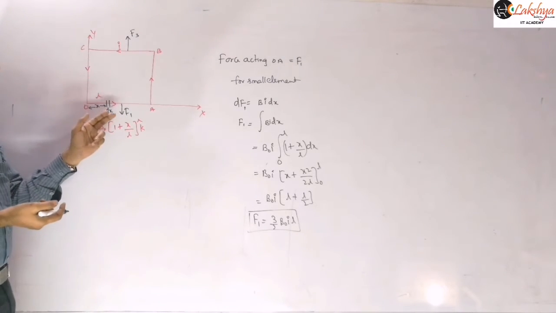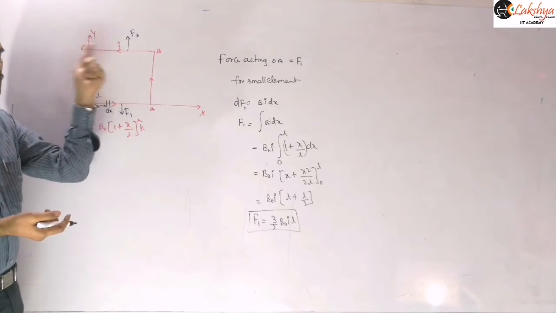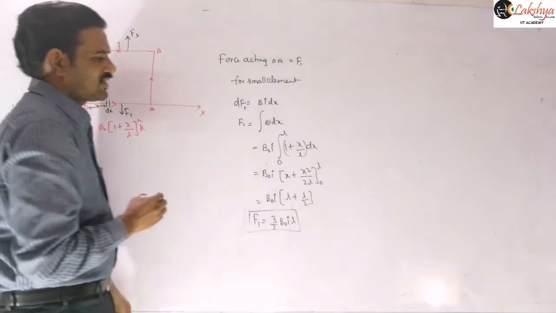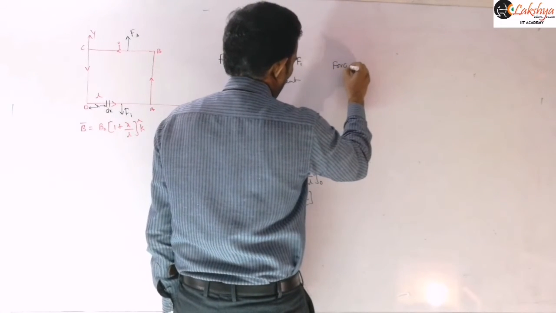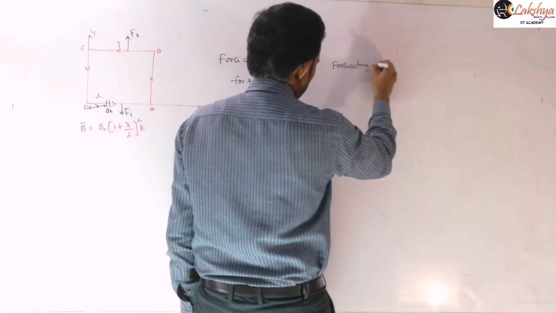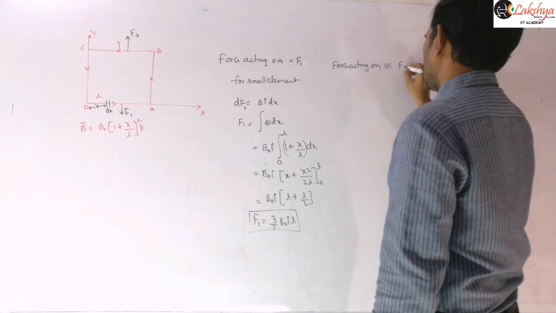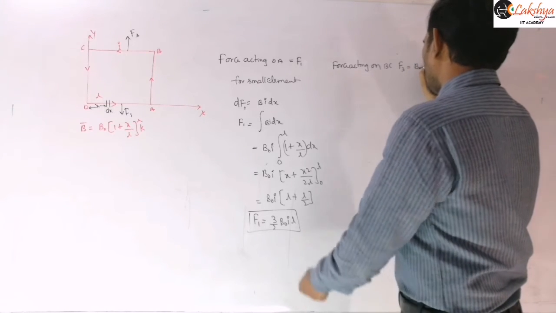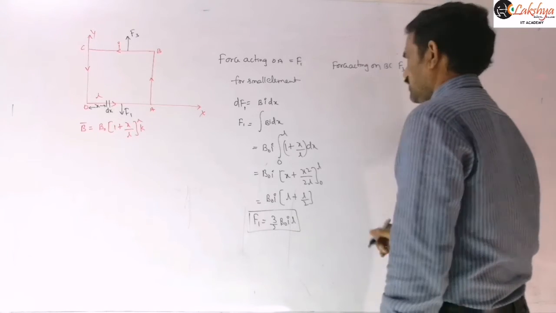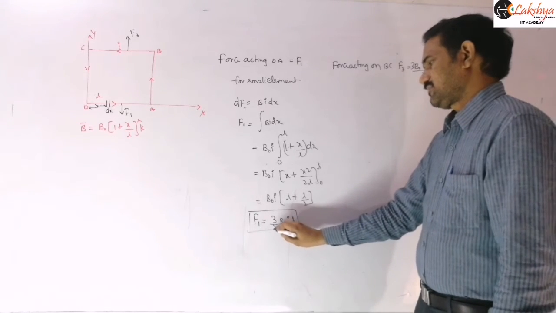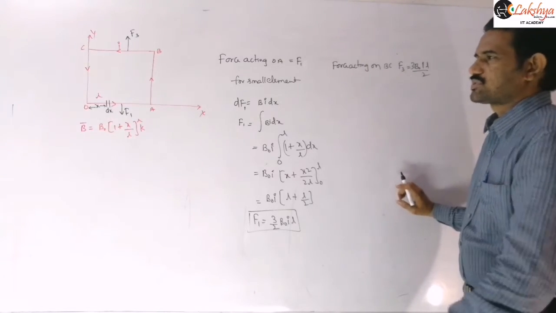The reason I take it directly is that these two are in similar positions, that means here also x is variable and here also x is variable. So the force acting on BC, this F3, is equal to 3 by 2 into B naught IL. That is the force acting on this. F1 and F3 are opposite in direction.